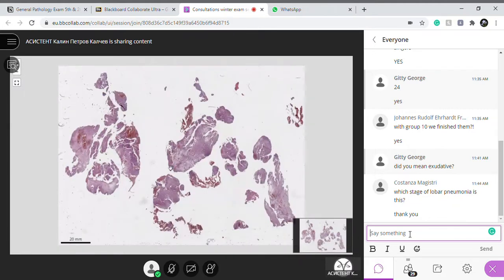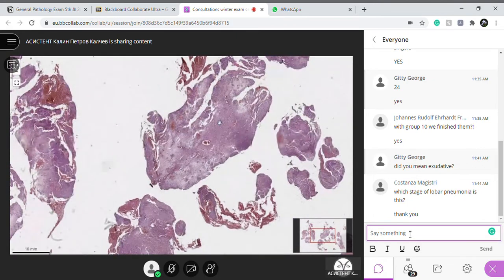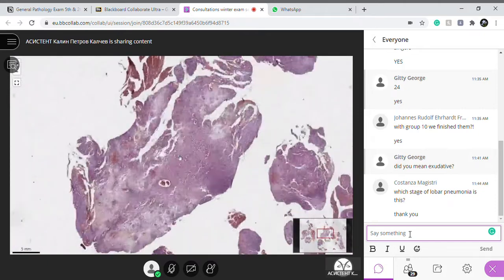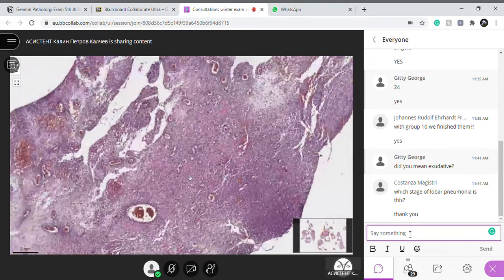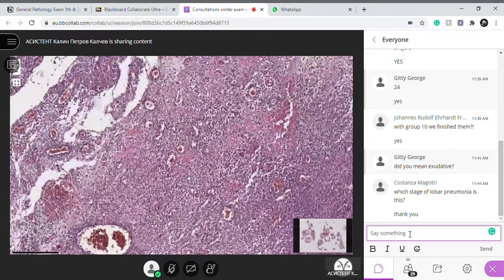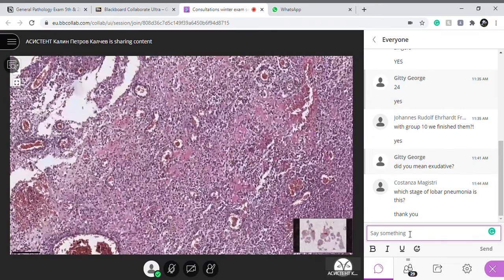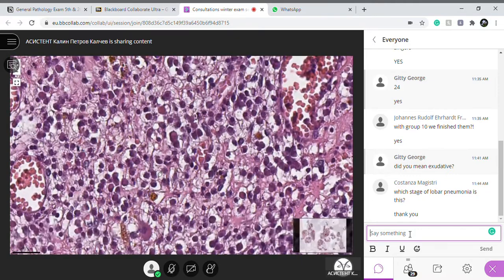How do we know that this is a granulation tissue? Okay, first in this specimen, you see that it is composed of fragments of tissue. When we zoom in, you will see that in this tissue we have abundance of inflammatory cells. When we look at these inflammatory cells, you will see that here we have mostly plasma cells, some lymphocytes, and neutrophilic granulocytes.